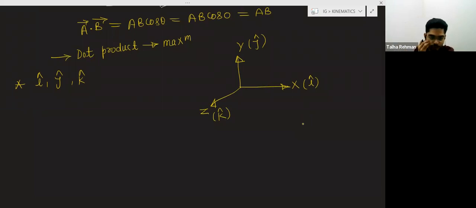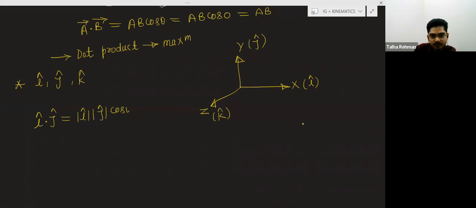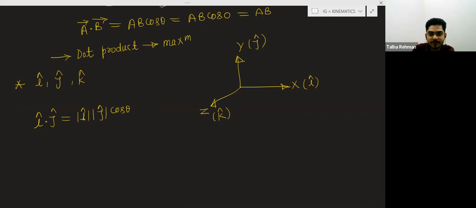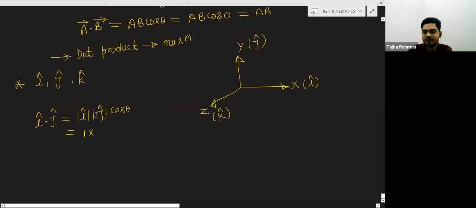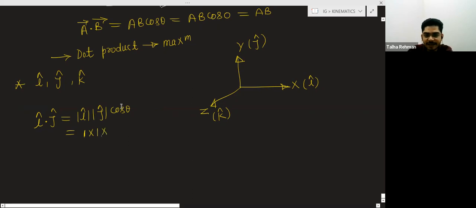So suppose you want to write the dot product of I cap dot j cap. How to write the dot product? Magnitude of I cap, magnitude of j cap, and cos theta. What is theta? Theta is the angle between I cap and j cap. What is the magnitude of I cap? I cap is a unit vector, na? Magnitude is 1. What is the magnitude of j cap? J cap is also a unit vector, so magnitude is 1. What is the angle between I cap and j cap?